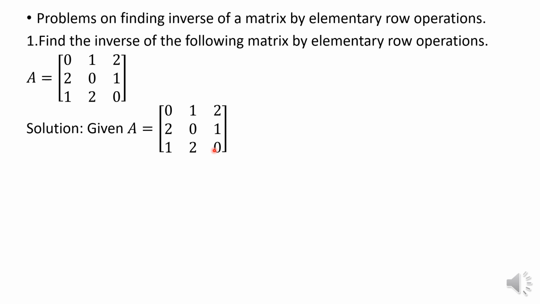But one thing you have to remember is that you have to make the elements below the leading entry 0, and not only that, you also have to make the elements above the leading entry equal to 0. This is the one major difference between the previous problem, that is the method of finding the rank, and finding the inverse of the matrix.